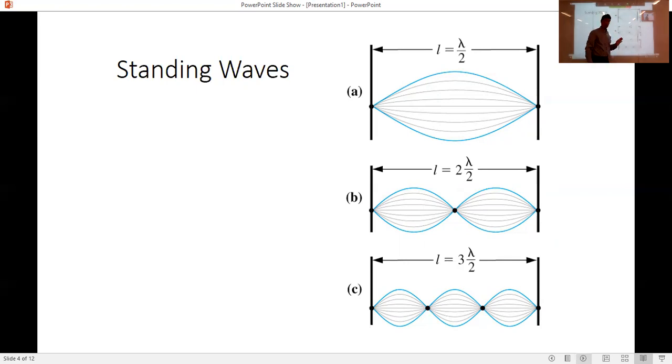Again, you can see how these integers come up. L equals 2 times lambda over 2. L equals 3 times lambda over 3. If we invert these fractions, the wavelength is equal to 2L, 2L over 2, 2L over 3, and 2L over 4, so on and so forth.